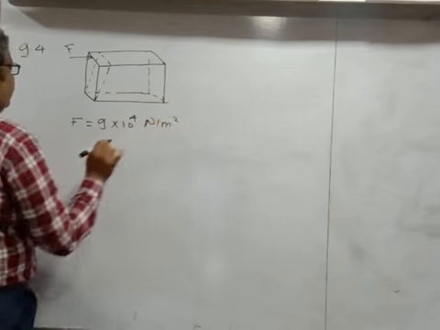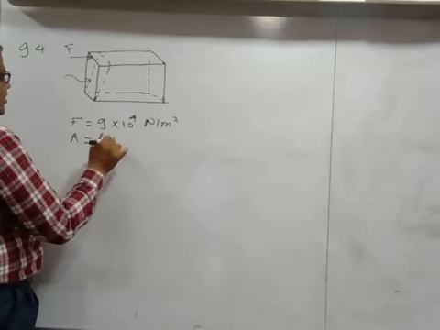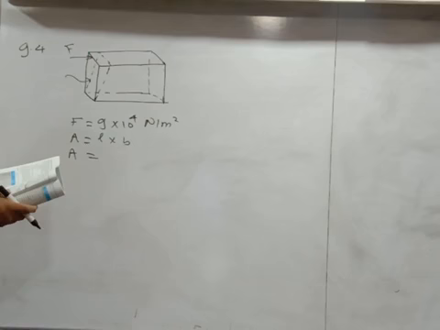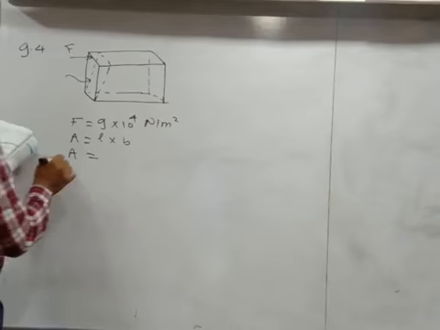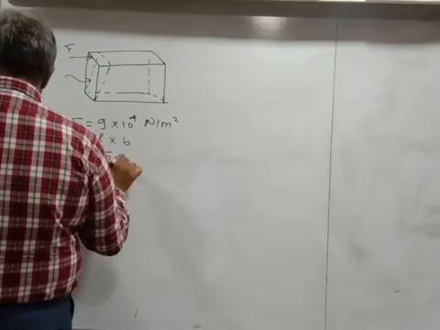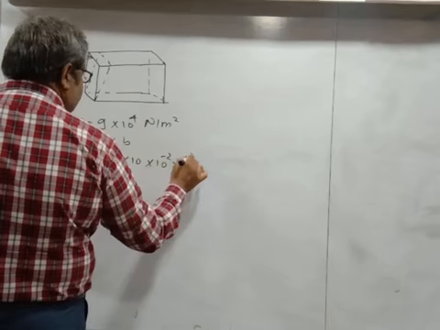And this area, that is length into breadth, must be calculated like this. We can say side 50 centimeter and thickness 10 centimeter. So area is equal to 50 into 10 into 10 raised to minus 2 into 10 raised to minus 2 meter square.